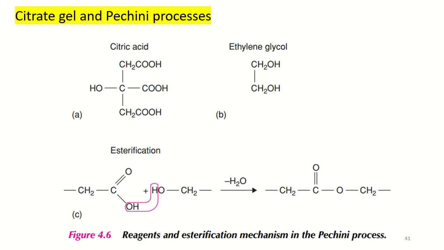Other organic acids such as tartaric acid or polyacrylic acid can also be used. Other polyhydroxy alcohols, ranging from small molecules such as glycerol to large polymers such as polyvinyl alcohol and polyethylene glycol, can also be used.